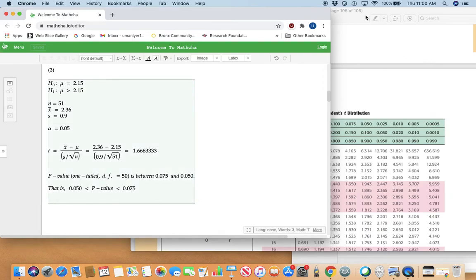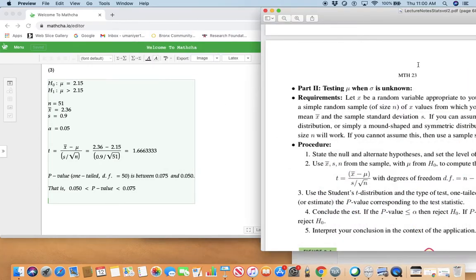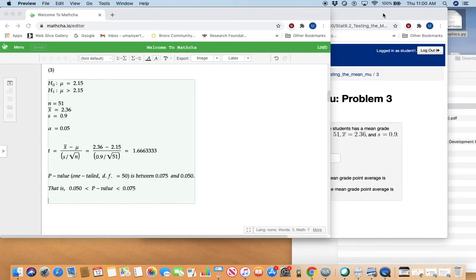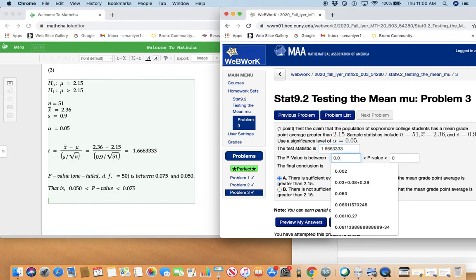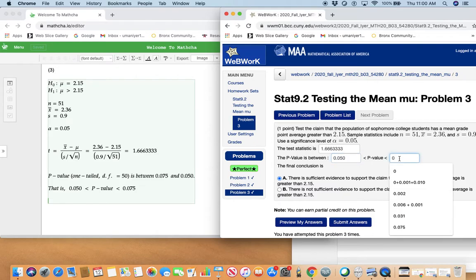Now, with that information obtained, the question is, so let's look at this test statistic 1.6663. The p-value is between 0.050 and 0.075. All right. Now my alpha is 0.05.